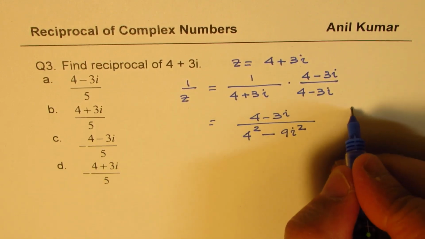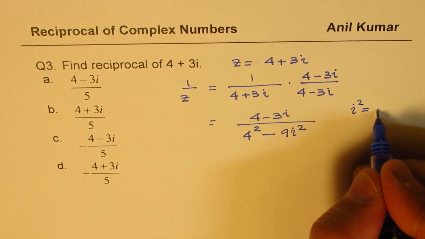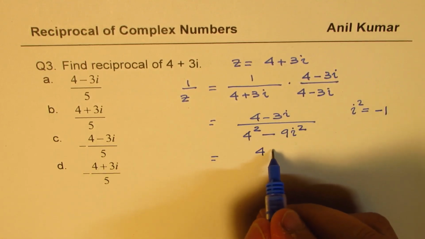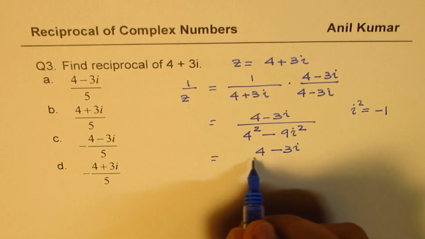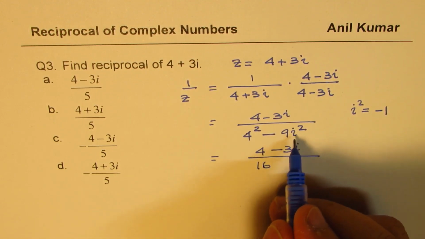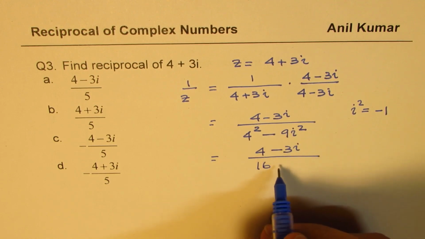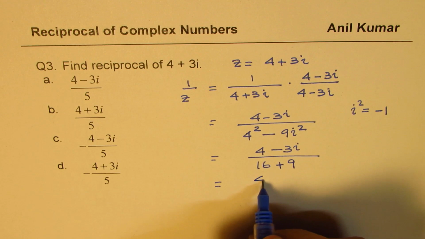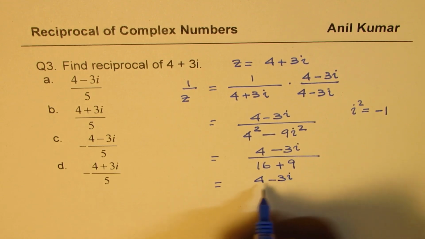But i square, you know, is equal to -1. So what we get here is 4 minus 3i over, so that gives you 16, and i square is -1, so 16 plus 9. So what we get here is 4 minus 3i over 25.